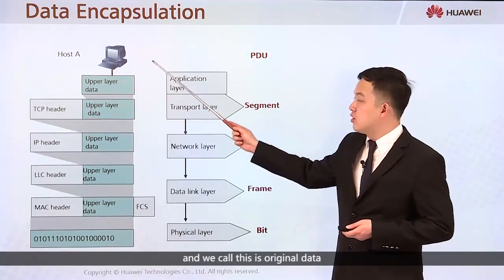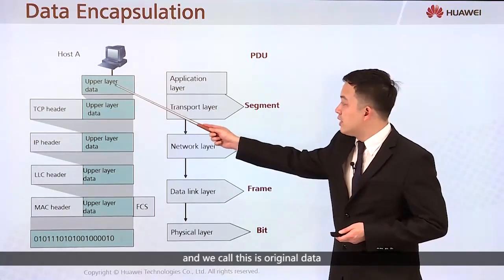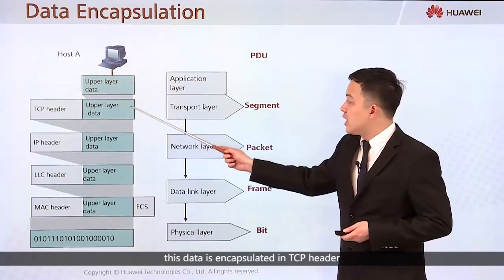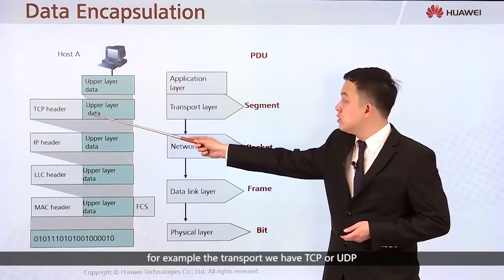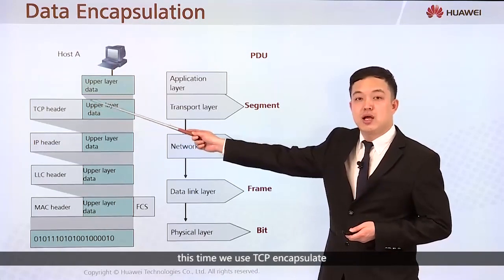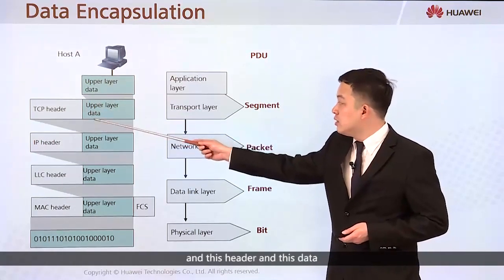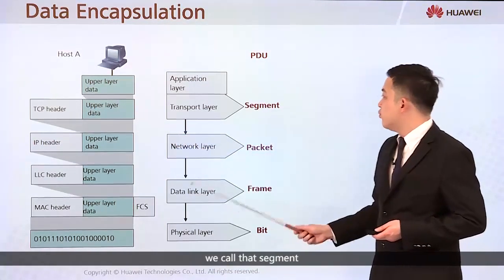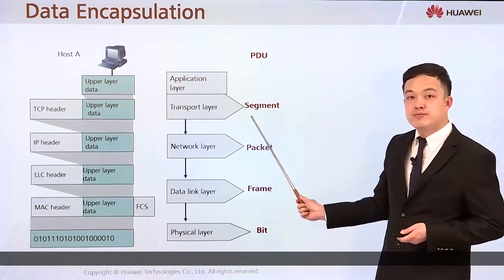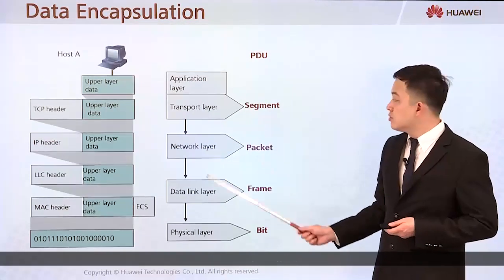We call it the original data. This data is encapsulated with a TCP header. For example, in the transport layer, we have TCP or UDP. This time we use TCP encapsulation. This header and this data, we call a segment.